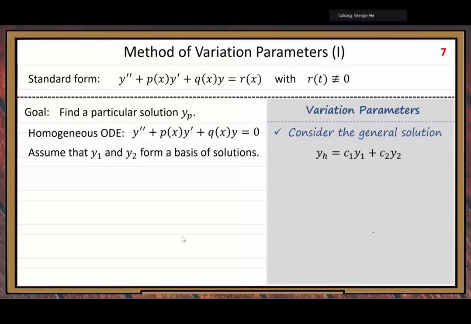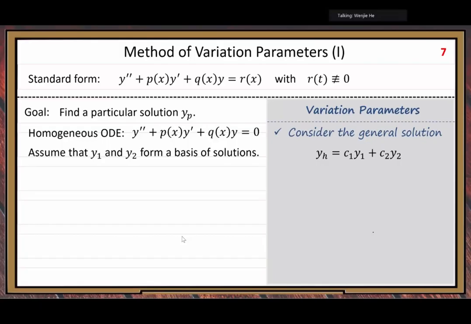Even if P and Q are non-constant, if you can find y1, y2, you can still write your general solution yh as a linear combination of y1, y2. Because this is a linear homogeneous ODE, we apply the linearity principle, so we can write the general solution in this way.